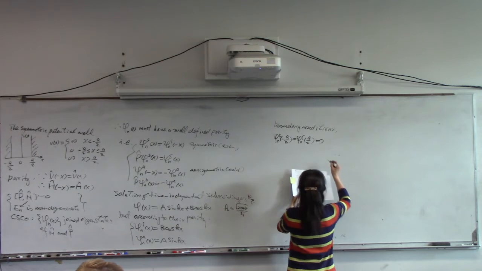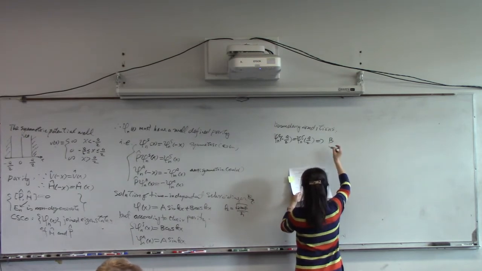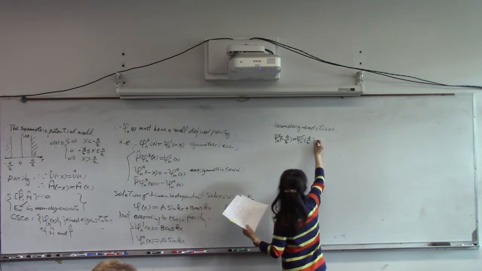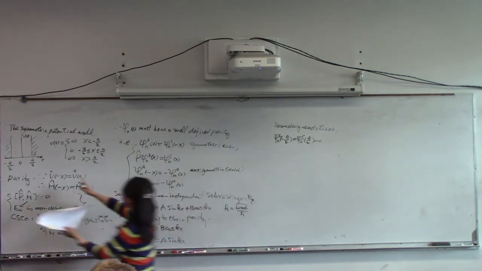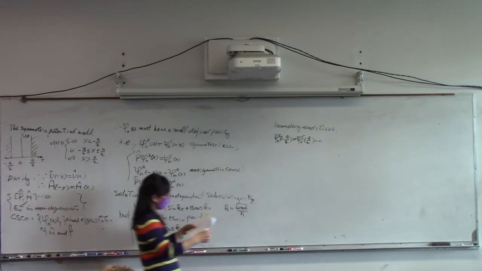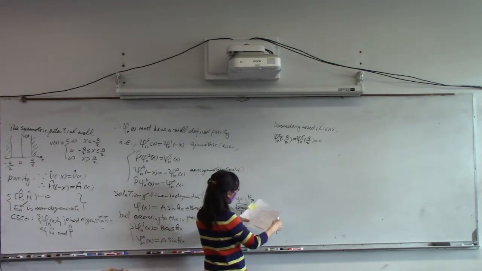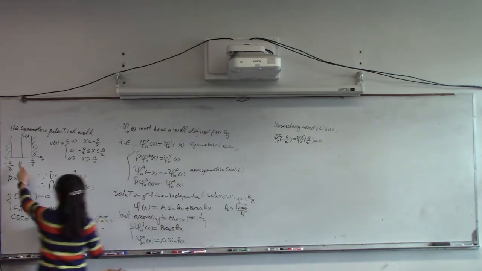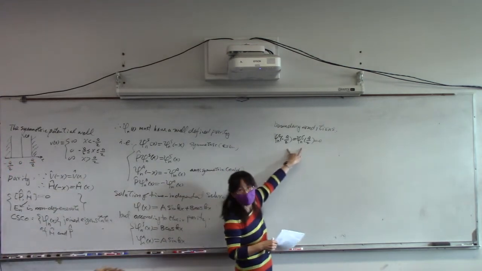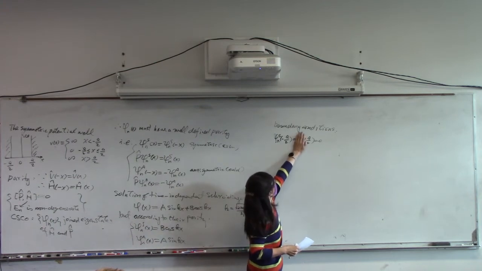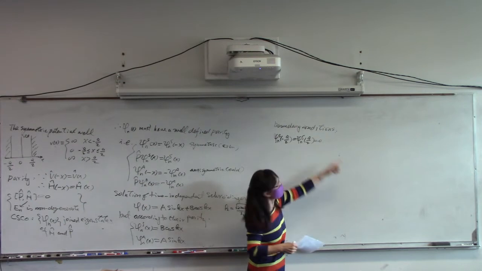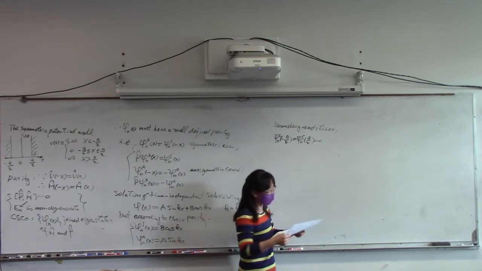Oh, wait a minute, I made a mistake. Yes, that's correct. At the boundary the wave function is 0, and at the other boundary it is also 0. Here the potential is infinite. So I just combine these two boundary conditions together.